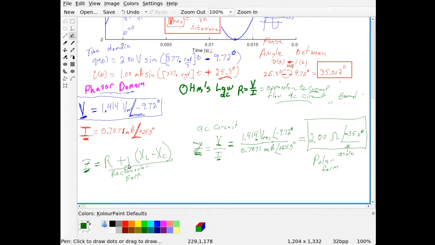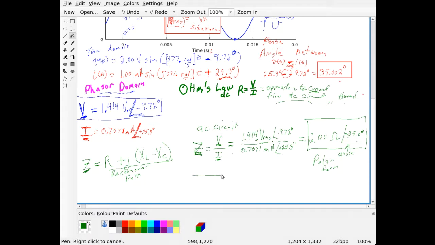Basically what you need to do is think of this as a triangle. And on Wednesday, I'll go over phasor diagrams and stuff in detail. But we know that we have resistance, and we know that we have reactance. And this reactance is actually negative because it's a negative angle over here.